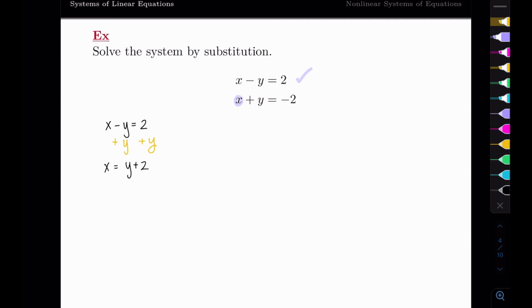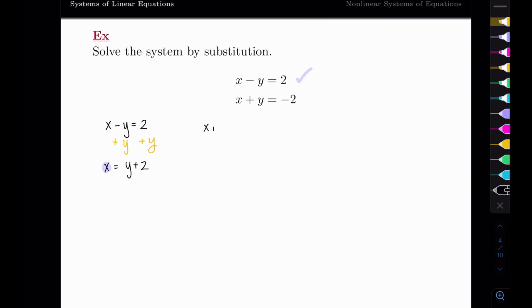Well, in this second equation, if I'm looking for a solution to the system, these x's better be exactly the same thing. So I'm going to take this expression I just found for x, and I'm going to plug it into this other equation that I have not used. So we've used the first one.